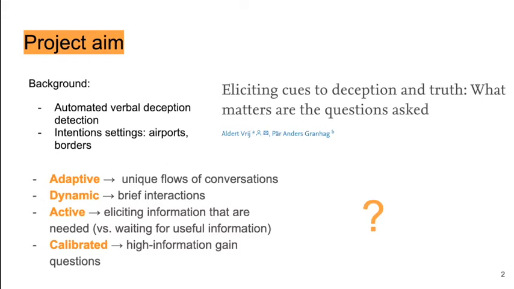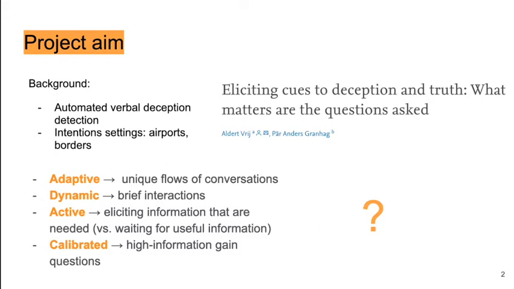Now, we had a set of criteria that we wanted to fulfill here. We wanted a system that is adaptive. That means it should automatically ask questions in a chat interface, but do this in a unique flow, so no single conversation will ever be the same. It should be dynamic, so very brief interactions like you would have in a WhatsApp chat with someone.